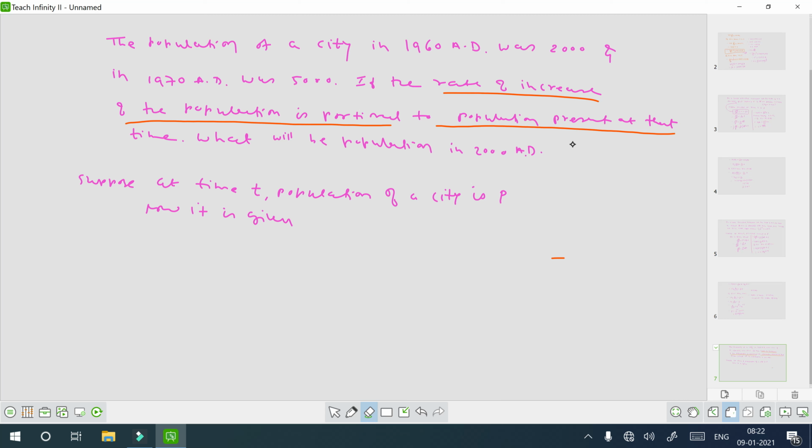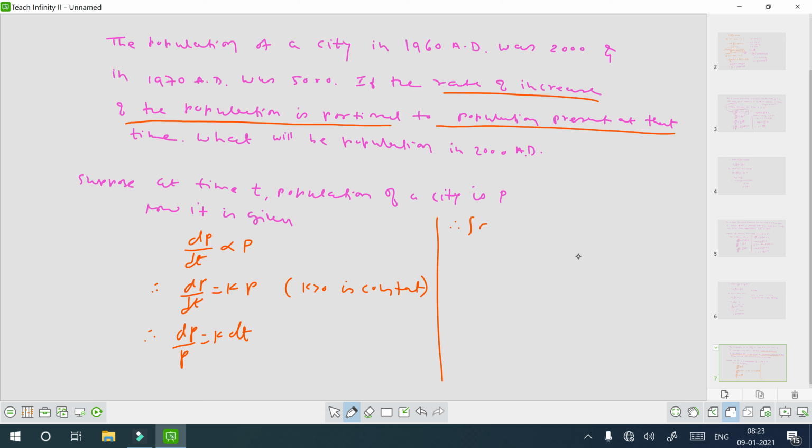So dp by dt is proportional to P. So dp by dt is equal to k into P, k greater than 0 is constant. Why am I taking a positive constant? Because population increases, and therefore dp over P is equal to k dt.